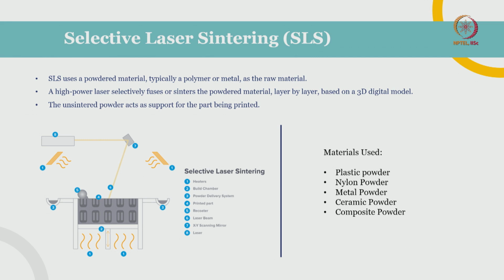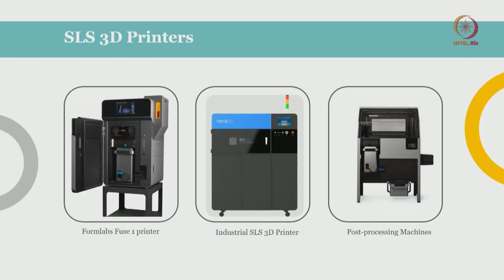That also we discussed, and this mirror is used to deflect the laser all over the print bed, so we get a solid mass out of those powders. And these are some different kinds of SLS 3D printers. These also require post processing, like removing the excess powder material from the printers and all.